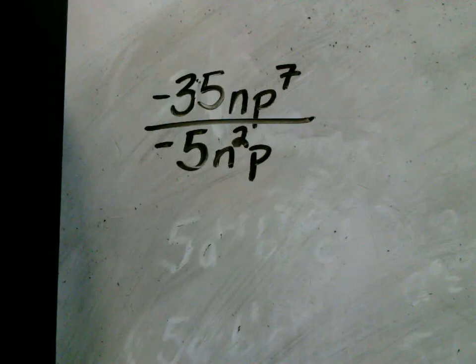Exponent on N is wrong. Perfect. 7 is right.